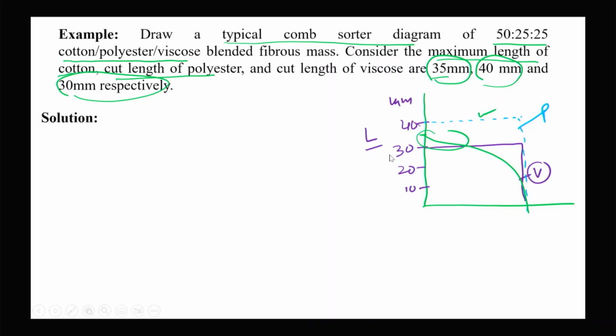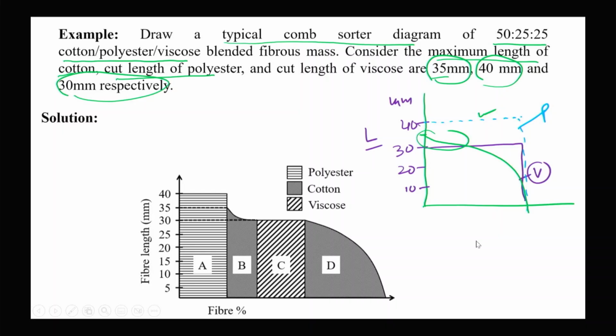So, let us see the shape. This is the shape we will be getting, where 25% polyester, represented by A, is taken at the left zone, and cotton is distributed into two parts, B and D, and in between viscose is inserted. So, we will get a clear separation of all these fibers.